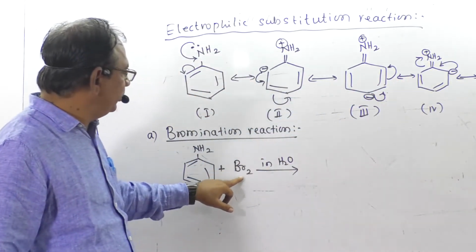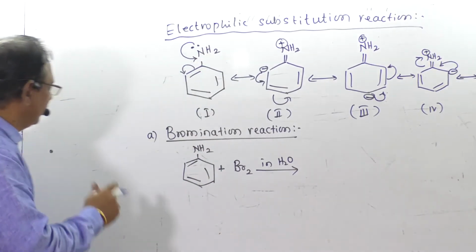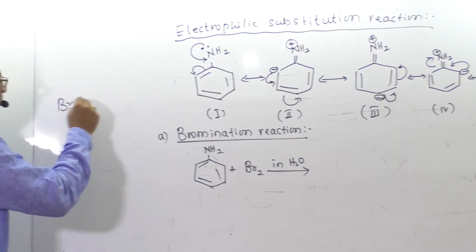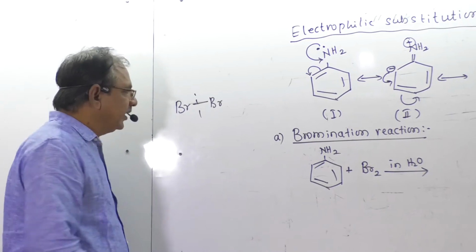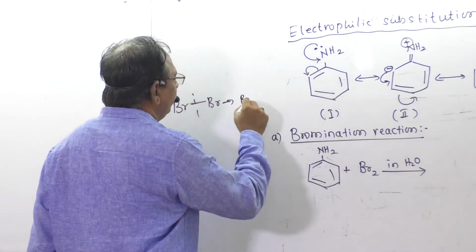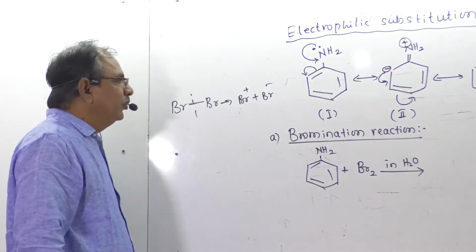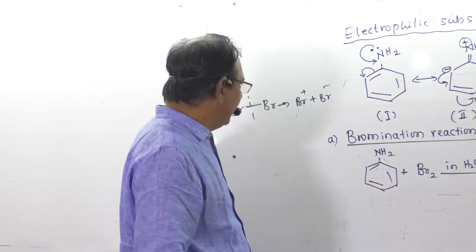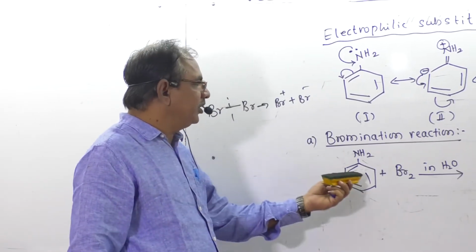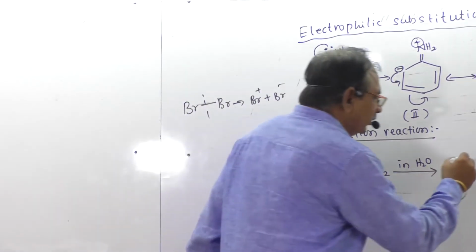But during bromination, in electrophilic substitution, the bromine molecule breaks unsymmetrically to form Br plus and Br minus ions: bromonium ion and bromide ion. The bromonium ion attacks the ortho position as well as the para position.